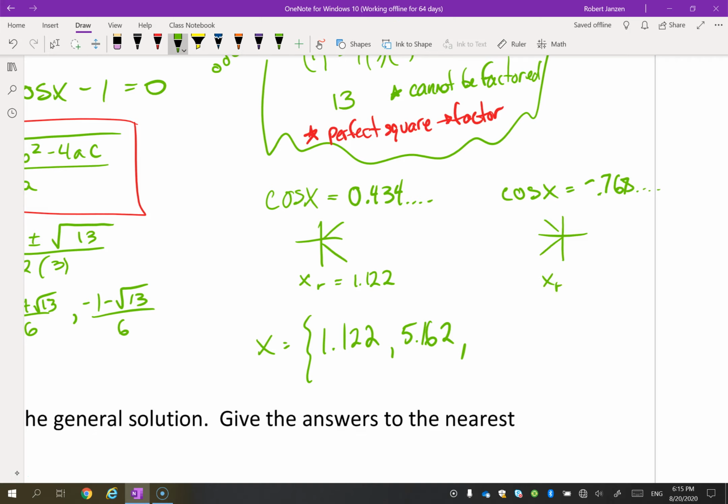So what's my reference angle? It's going to be 0.696. And so if I take away from pi, I get 2.446. And if I add pi, I get 3.837.